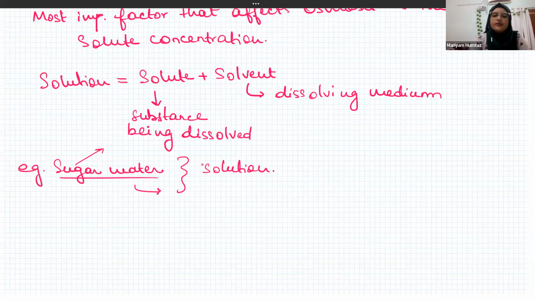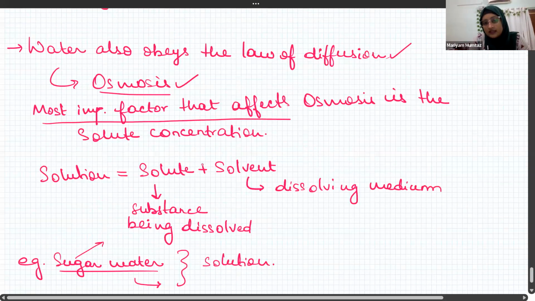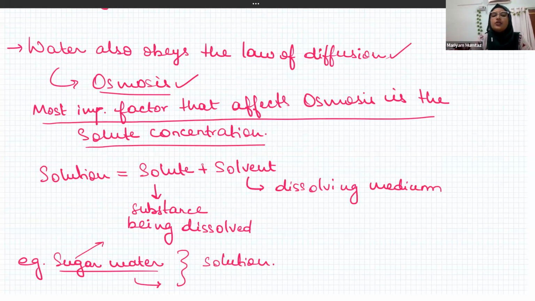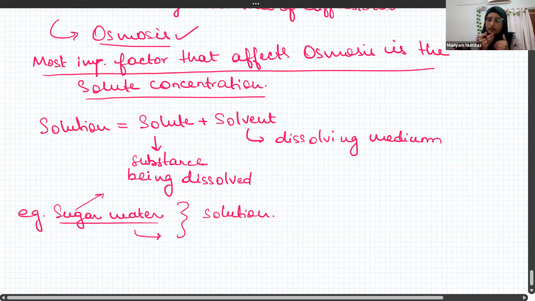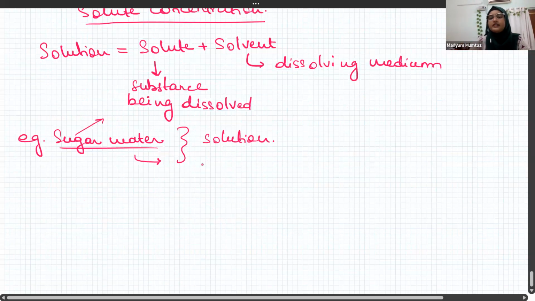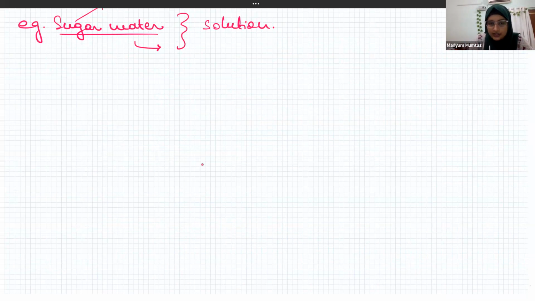So when we are talking about this, the most important factor that affects osmosis is solute concentration. The amount of solute present affects in some way the process of osmosis. Now, how? For example, if we take a plant cell or an animal cell and put it into a solution, this is my petri plate and this is my plant cell or animal cell.